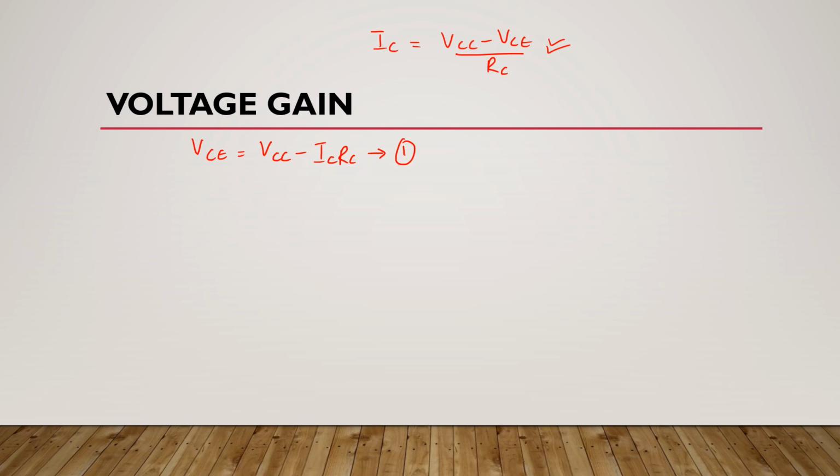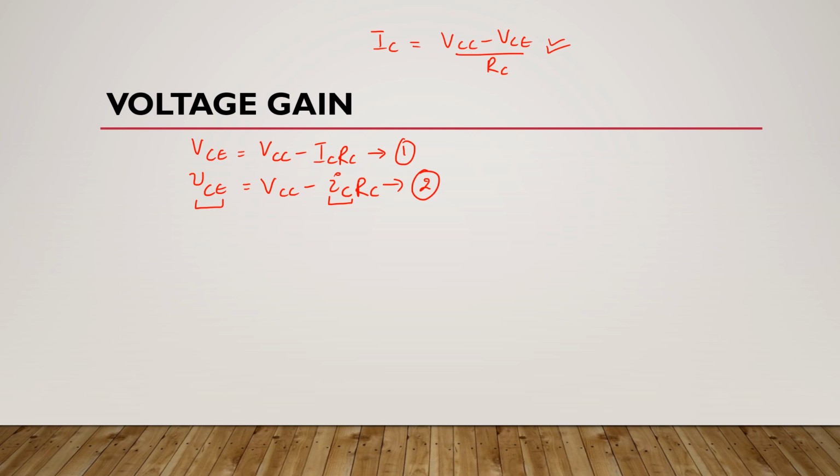So the total or instantaneous collector to emitter voltage is given by this equation VCE equals VCC minus ICRC, and we call this equation number 2. As you can see here, this VCE and this IC are instantaneous quantities.